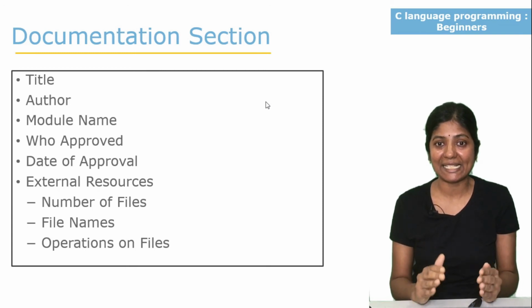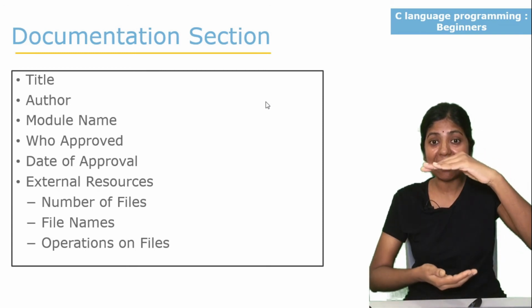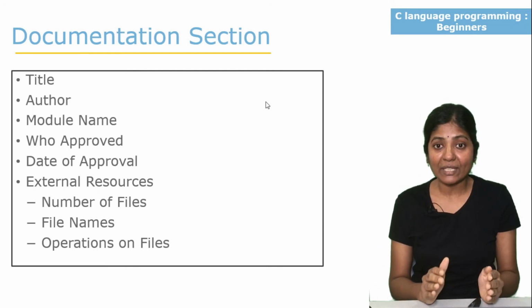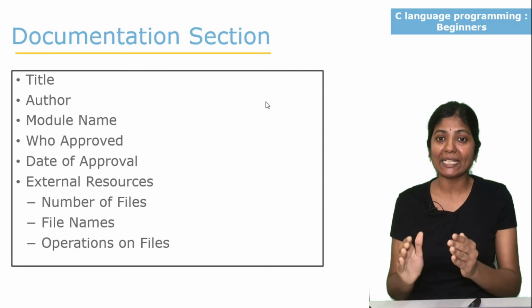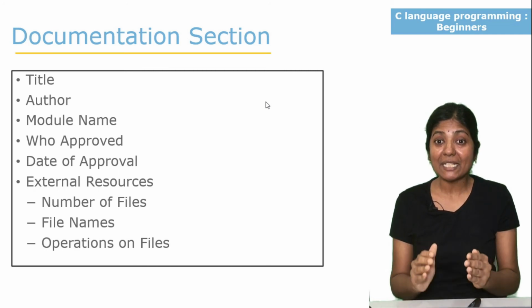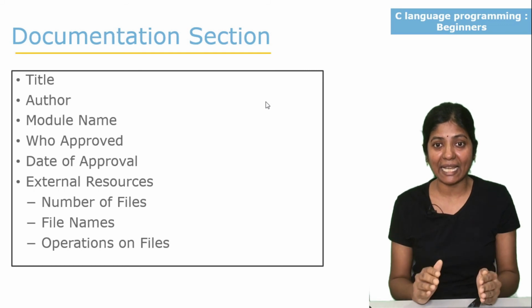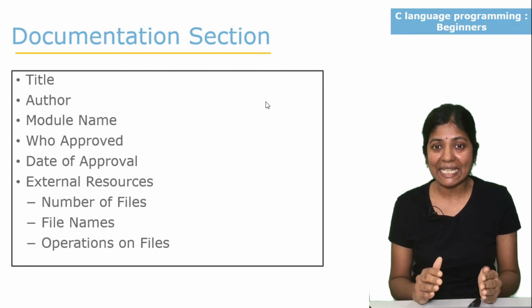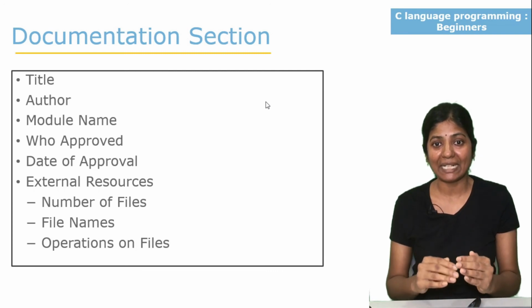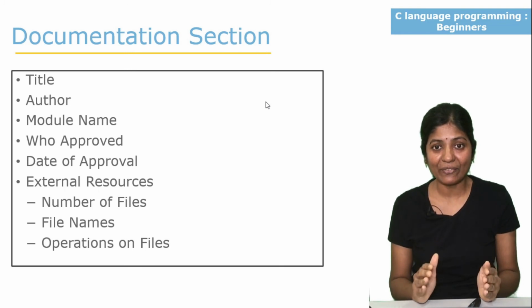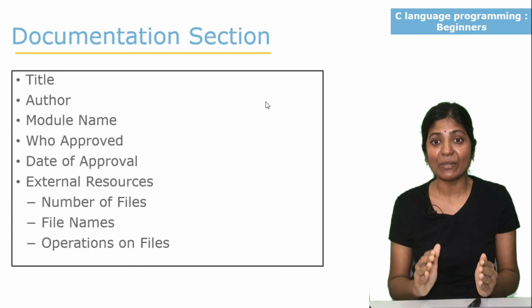Another example, let's say I wrote a big program consisting of 1000 lines. After that, I handed over the program to another person to modify it if required. Then that person should be able to understand what my program is doing. That person can understand my program easily if I provide a comment line section. So, always make a habit of writing comments in your program.